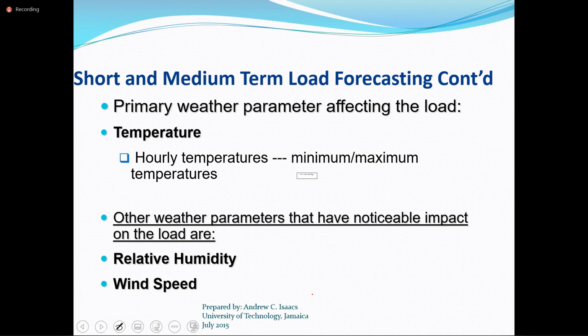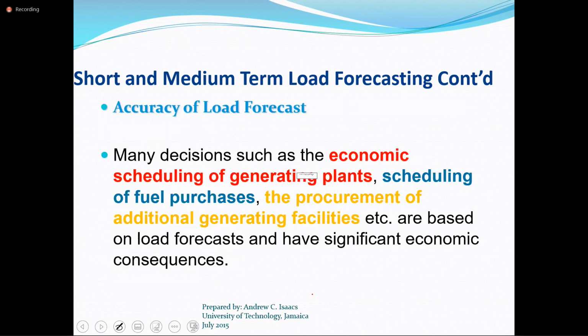So these things will throw your forecasting off. All right. Now, it's not a science, but of course we have to use the available data in terms of our forecasting. So there's always going to be question regarding its accuracy.